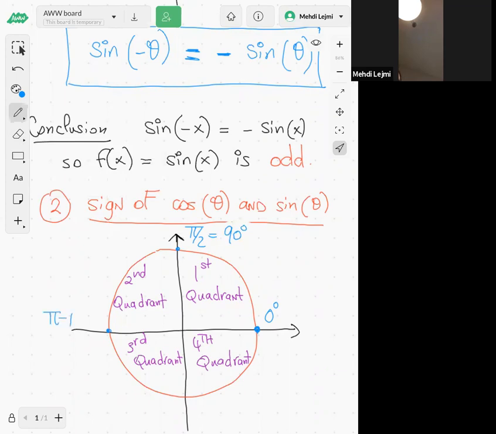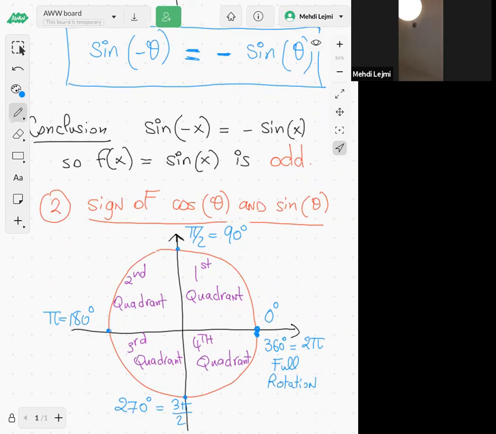And then this one here is 270 degrees, or 3 pi over 2. And when you do a full rotation and come back to this point here, that will be 360, or 2 pi. So when you do a full rotation, that will be 360.